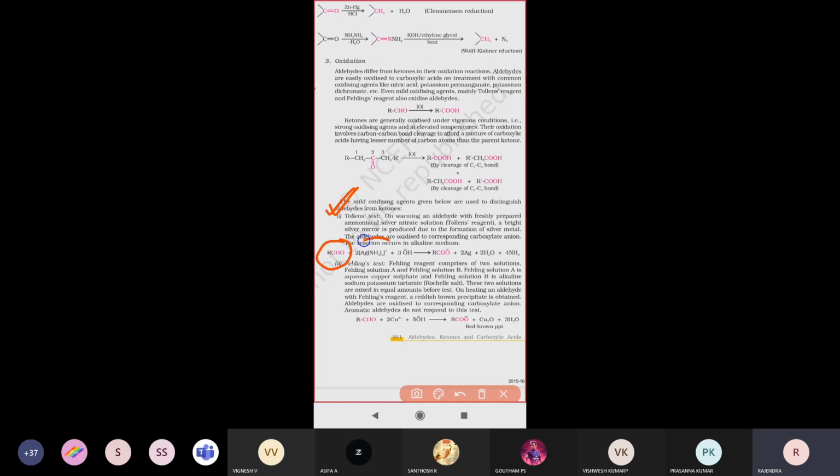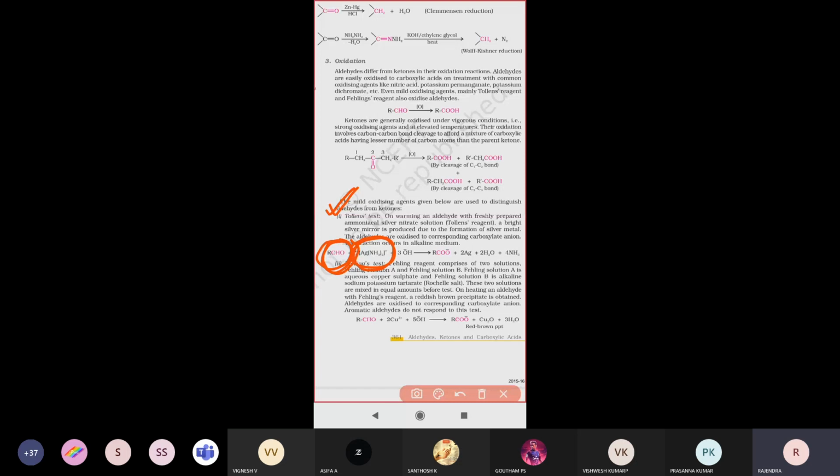We take a small quantity of the aldehyde-containing organic compound in a test tube, and in that we add ammoniacal silver nitrate solution, that means Tollens reagent. What you get is a silver mirror forming on the surface.